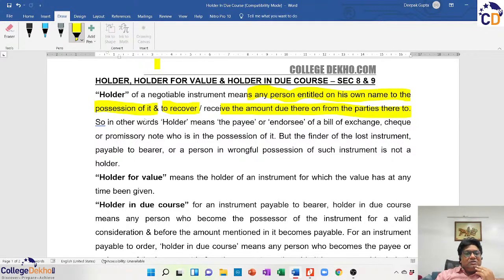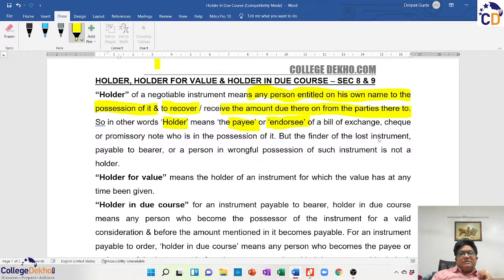In simple words, the one who is receiving the payment is known as the payee, and if the payment is not due but he has received the instrument from another party, then we use the word transferee or endorsee. So basically a holder denotes any person who receives the payment or who gets the endorsement in his favour, that is the endorsee.